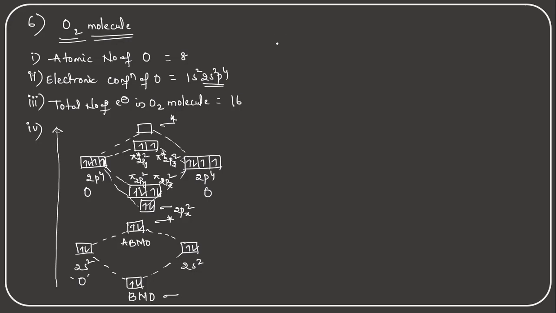Now the next, the fifth point, is the electronic configuration of the O2 molecule. So sigma 2s2, then sigma star 2s2.